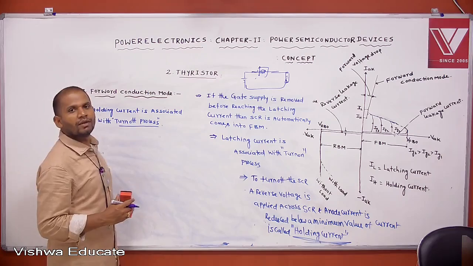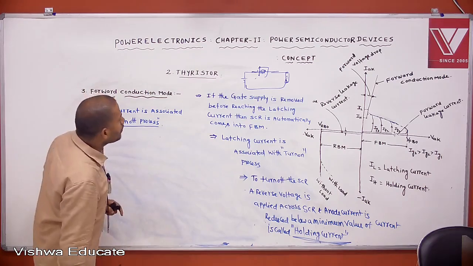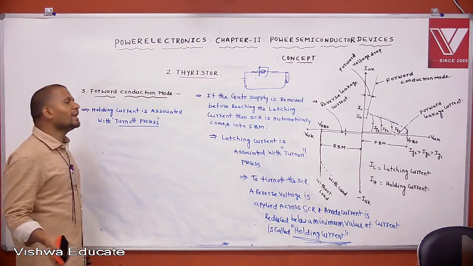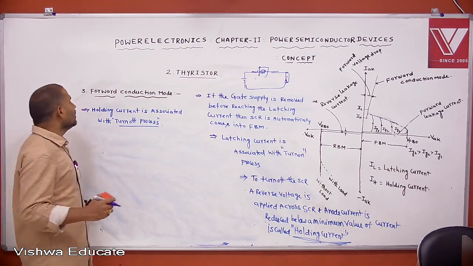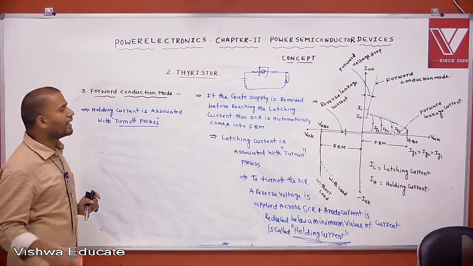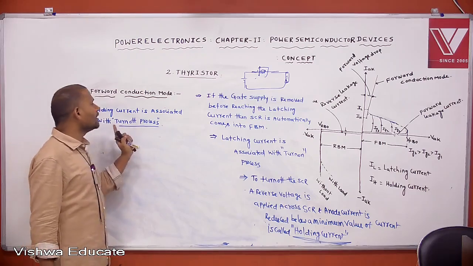That is nothing but forward blocking mode, forward conduction mode, and reverse blocking mode. We can make the SCR conduct. Again, if you want to turn off the SCR, we reduce the current through the SCR below some minimum value of current. That is nothing but the holding current. Then holding current is associated with the turn off process.